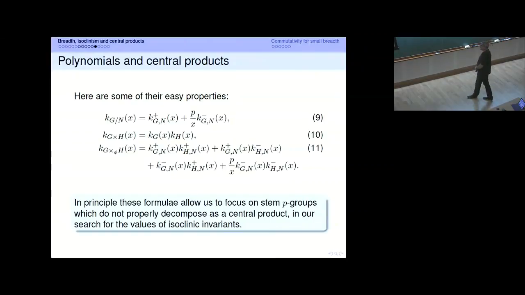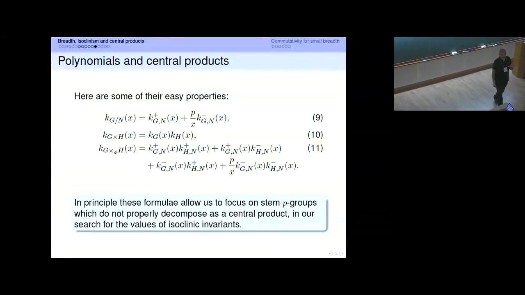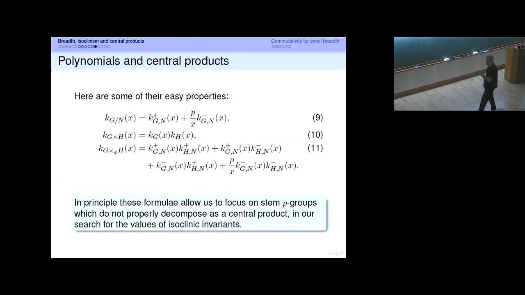Now, the sentence below needs some comment. In some sense, this allows us to focus on Stampy groups. If we want to compute those polynomials, those invariants, we can just look at Stampy groups, because we are within an isoclinism class, that do not have any proper central factor.